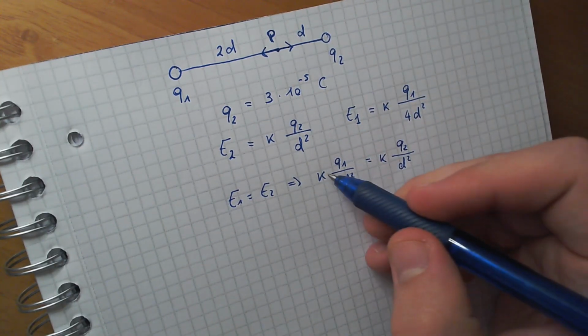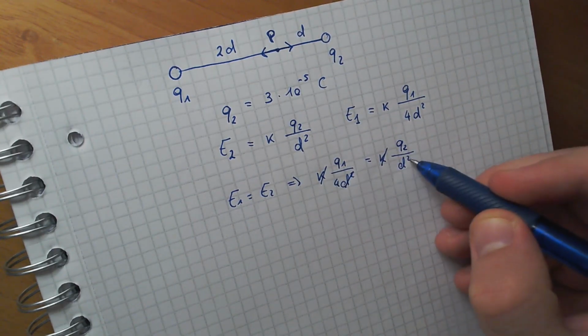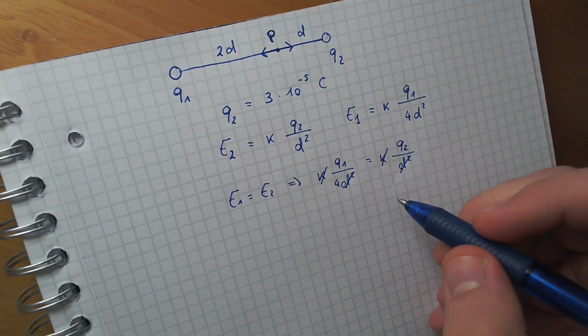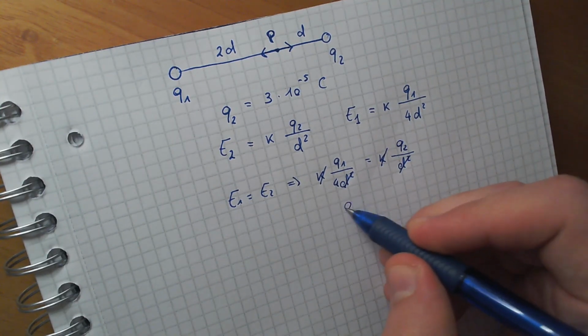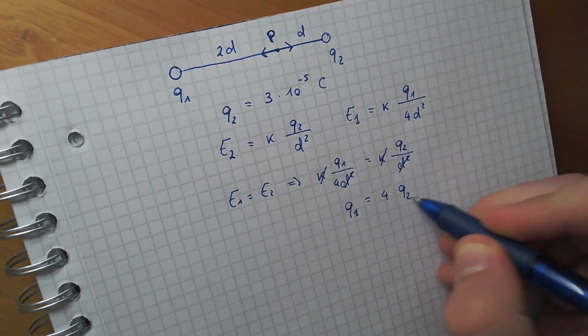So here we can cancel K and D squared. So at this point we can get that Q1 is 4 times Q2.